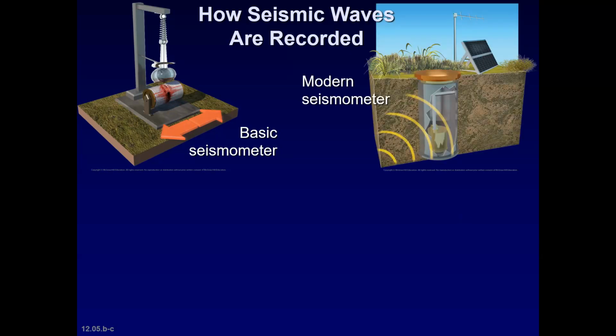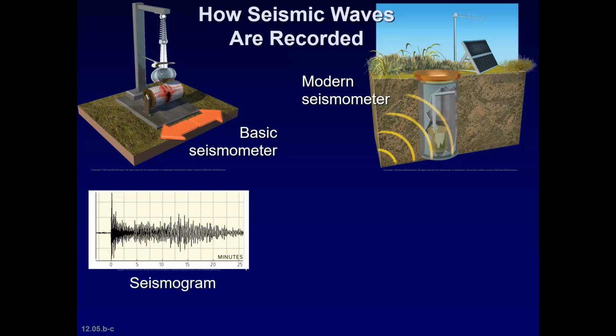Okay. A modern seismometer is an electronic device that records these motions along 3 separate axes and transmits the data to a centralized data warehouse. And then the digital signals can be printed out.